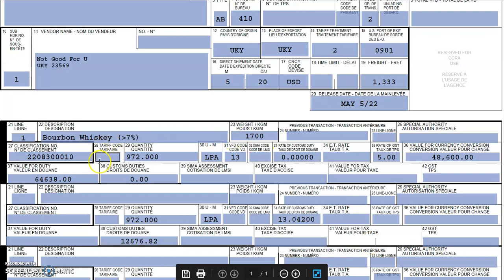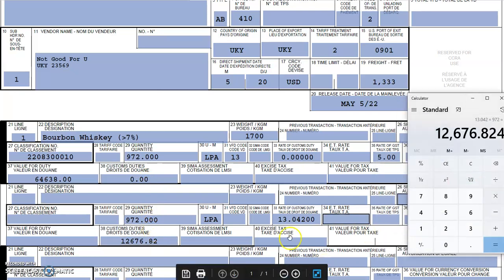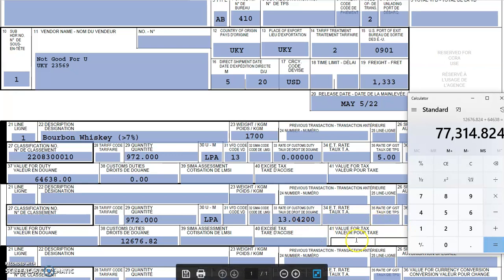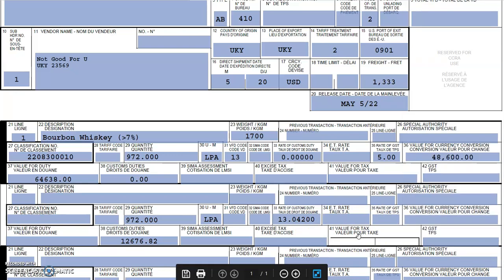The value for tax is the value for duty plus the customs duties plus the excise duties. So we already have the excise duties in here. That's 0 for the customs duties, and then we have 64,638 even. It means the value for tax is 77,314.82.